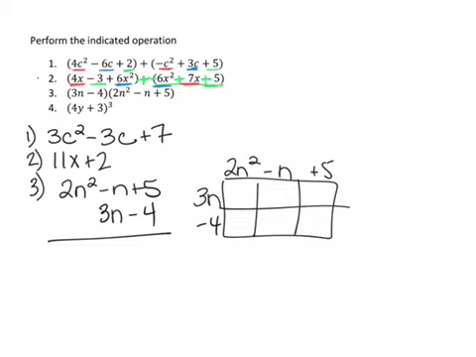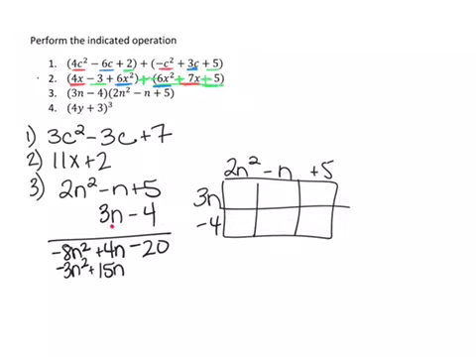So we're going to multiply the negative 4 times the 5, and I get negative 20. Negative 4 times negative n is positive 4n, and negative 4 times 2n squared is negative 8n squared. Then we have 3n times 5, 15n. I make sure I keep my variables and like terms lined up. 3n times negative n gives me negative 3n squared.